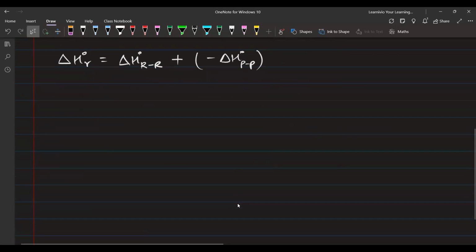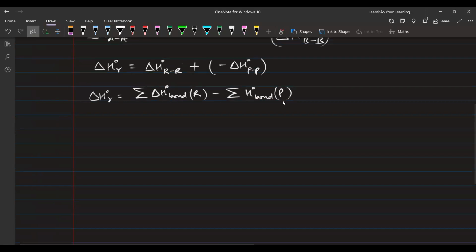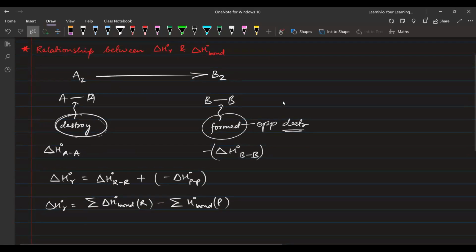So we can say that enthalpy of a reaction is equal to the sum of the bond enthalpy of reactant minus, because plus minus minus हो जाएगा minus, the sum of the enthalpies of product. Please write this down. Raise your hand once you are done.